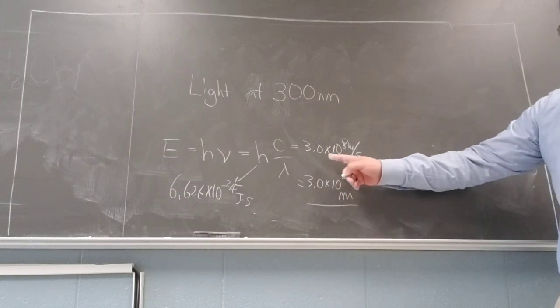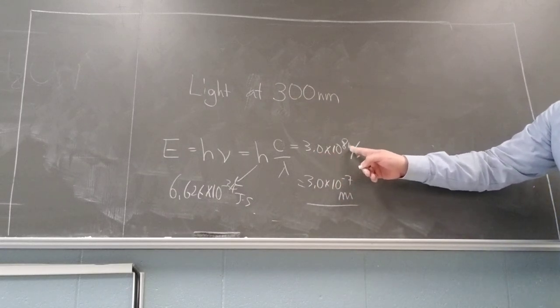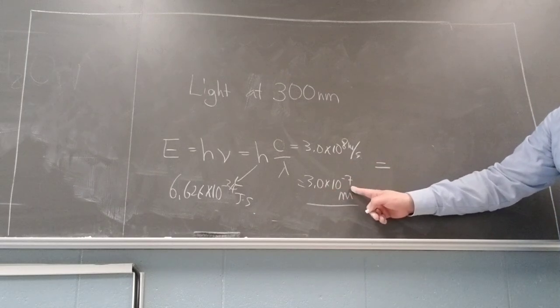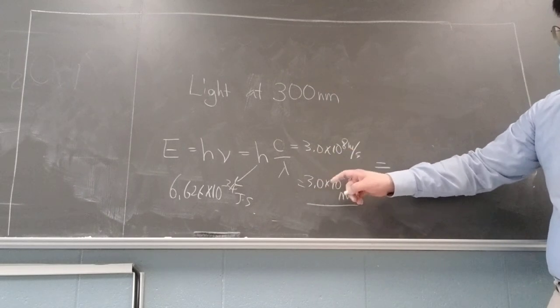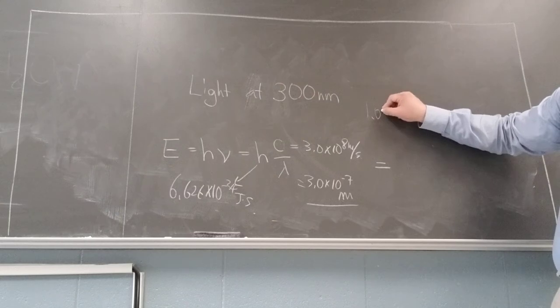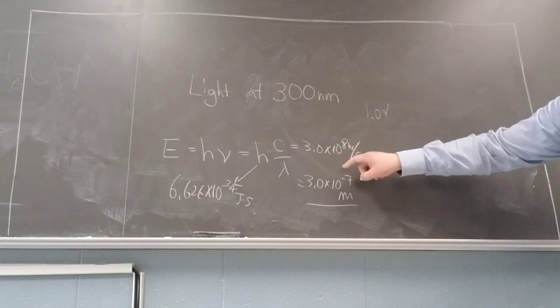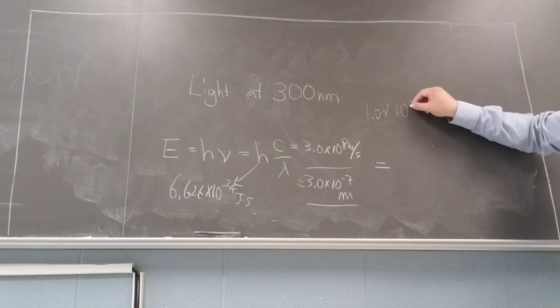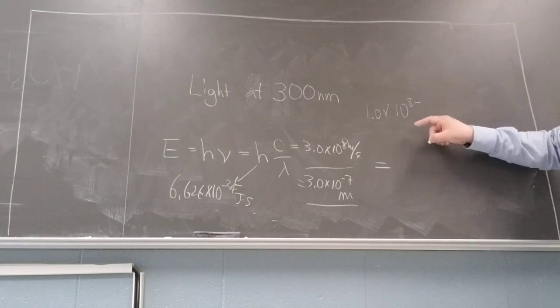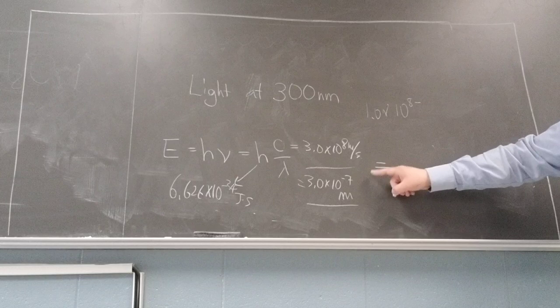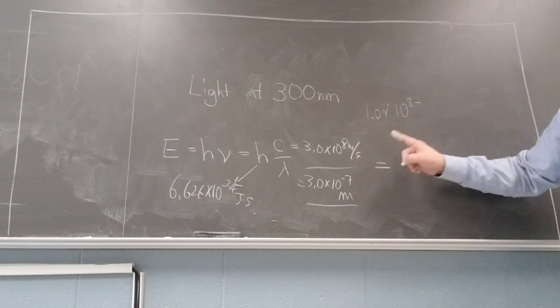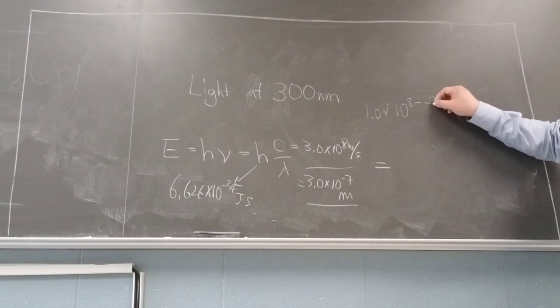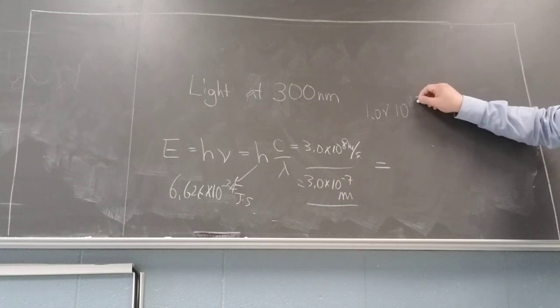If you do 3 times 10 to the 8th over 3 times 10 to the negative 7th, 3 over 3 is just 1. And then this is 10 to the 8th divided by 10 to the negative 7. If it's dividing, the exponent is negative of negative 7, so it becomes actually 15.